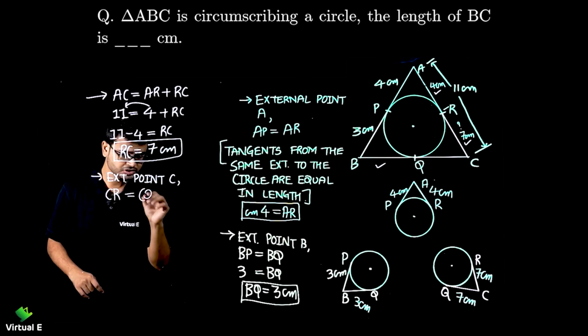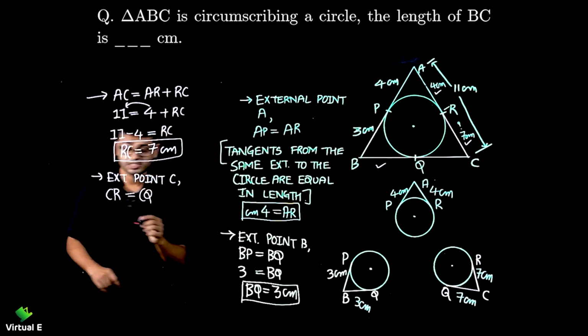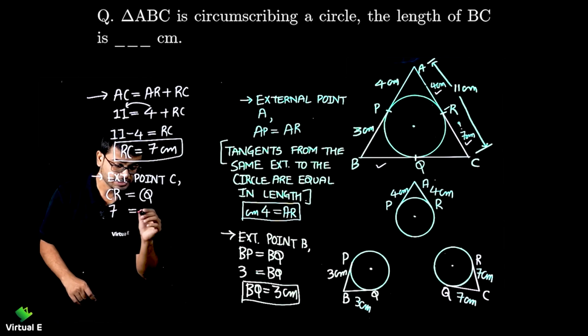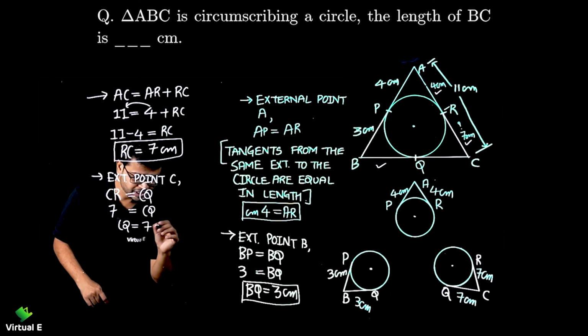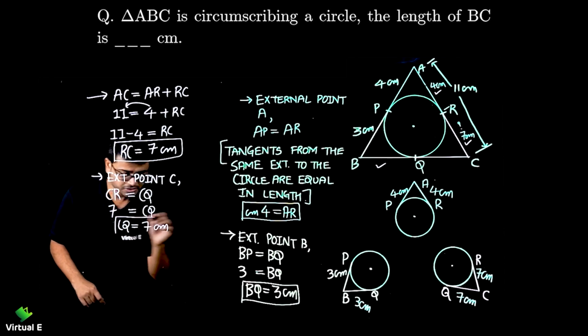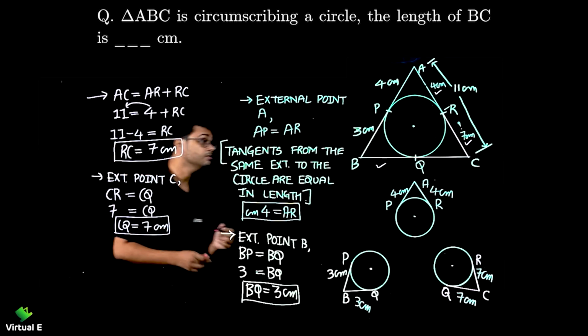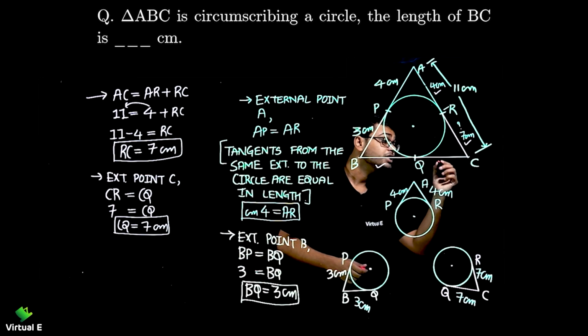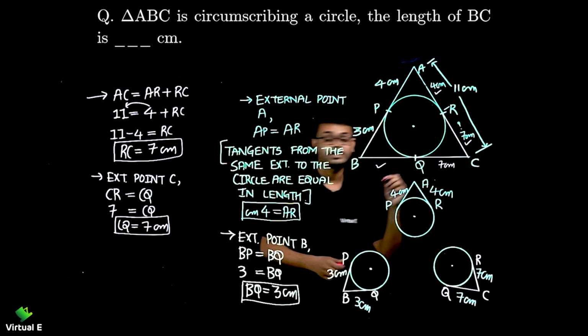CR is equal to CQ. CR value is what? 7 centimeter. We just calculated, and CQ. So CQ is equal to 7 centimeter. That is also done. So we have the value of CQ as well, which is 7 centimeter.